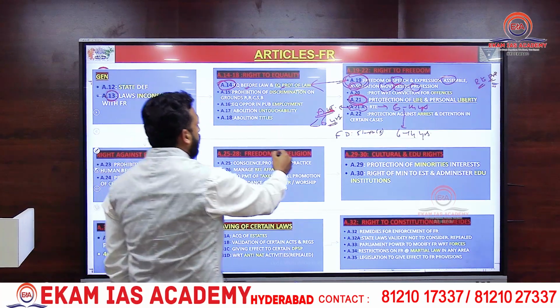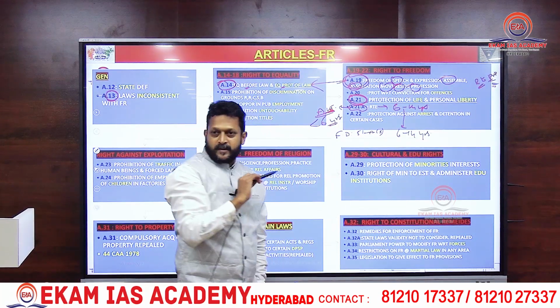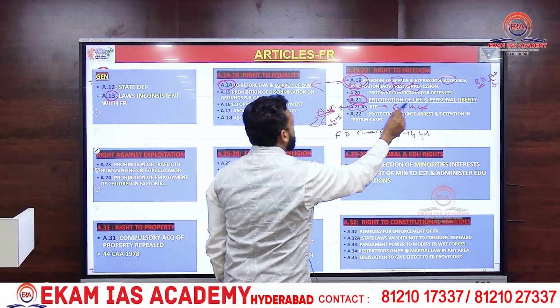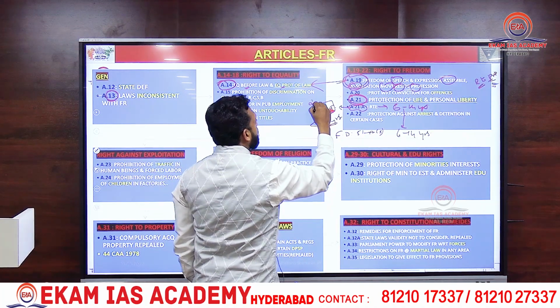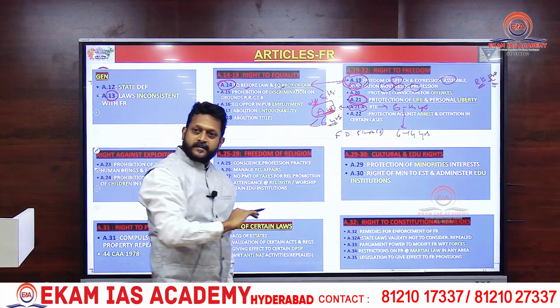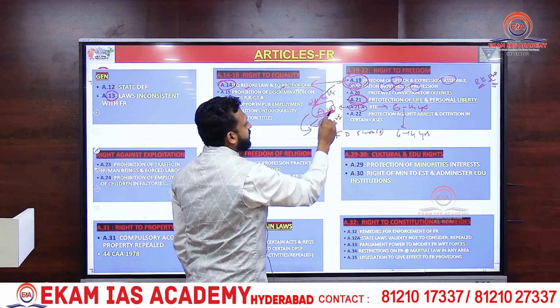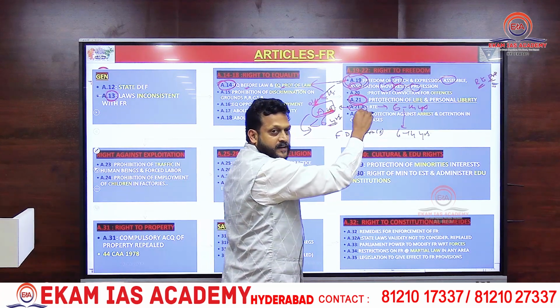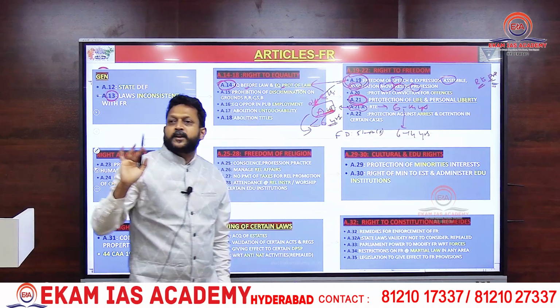You got the connection here? Article 21A of fundamental right, 6 to 14 years. In the old Article 45 it was up to 14 years, but thereafter they struck it off and replaced it, because when they made this a fundamental right in 2002, they told that for less than 6 years it is DPSP, directive principle.